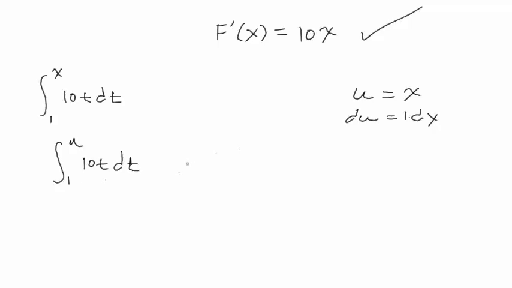This is equal to, now this part right here, we're going to write 10u times the derivative of x, which is going to be here.